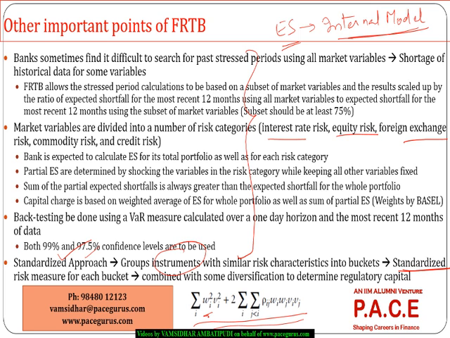So basically the weights, the individual standard deviations or measures, and the kind of correlation that exists between them. So it's more similar to your variance-covariance kind of approach. Like this, you compute the standardized risk measure for each bucket. You combine all of them with some kind of weightage to determine the overall regulatory capital.